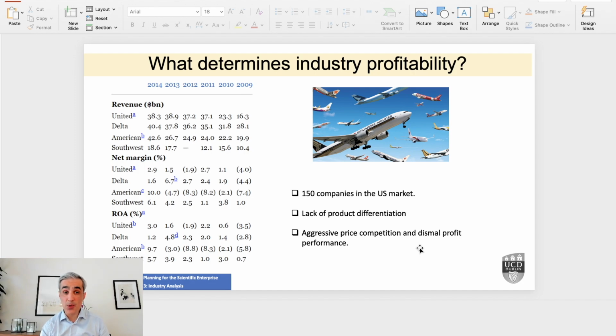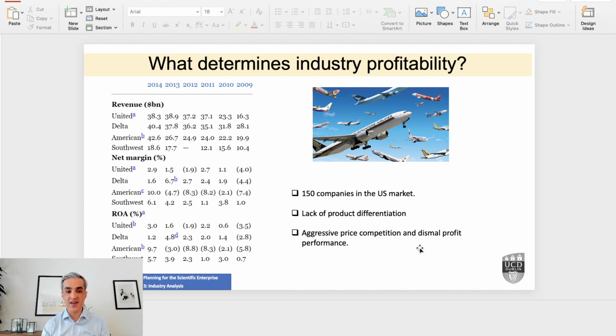Like when you think about budget airlines, the difference is very low. It's very difficult to make a difference while keeping the prices low. Therefore, the competition is extremely aggressive. In the airline industry, competition is done by pricing, trying to sell cheaper flights. So here, the profit, the return on capital, is quite low.